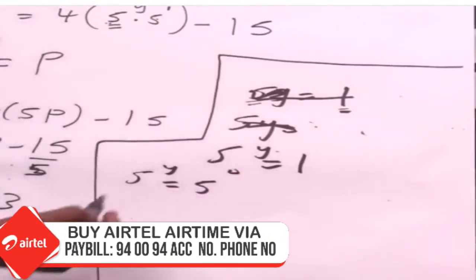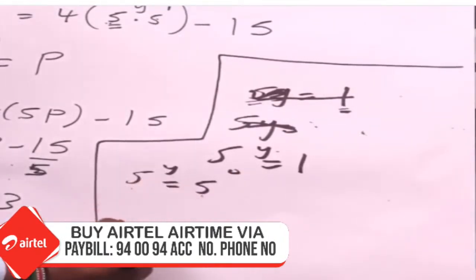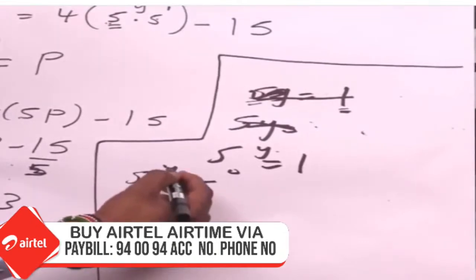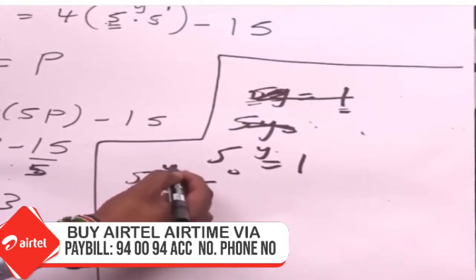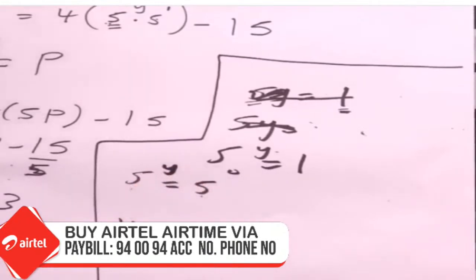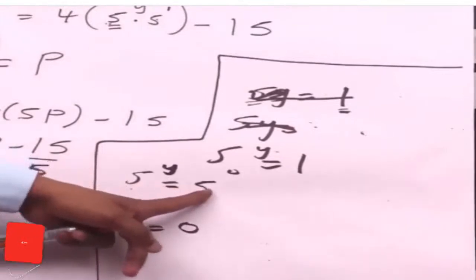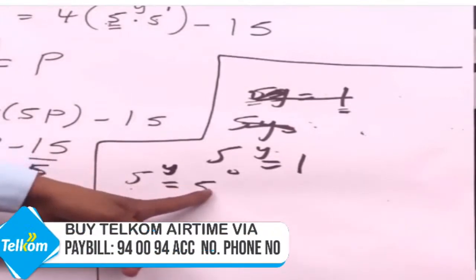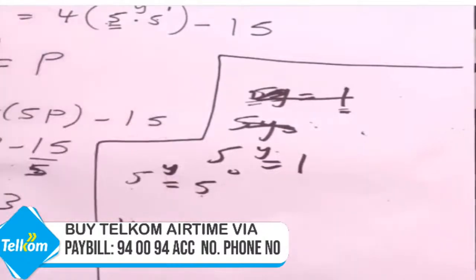Then by laws of indices, if the bases are the same, you equate the powers, which is y equals 0. So when the bases are the same, you equate their powers. So y equals 0. So the first value of y is 0.